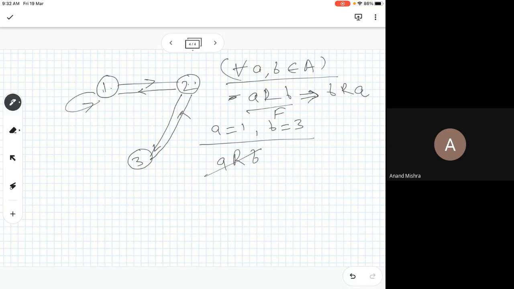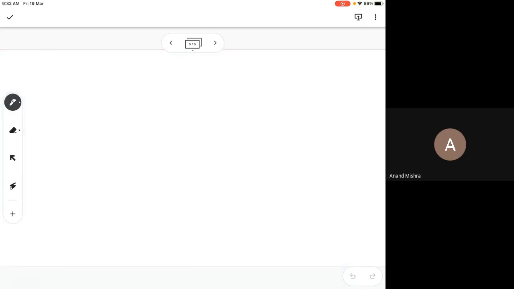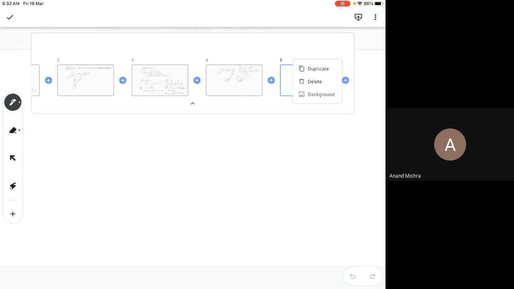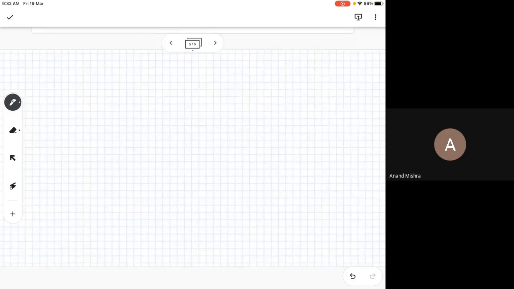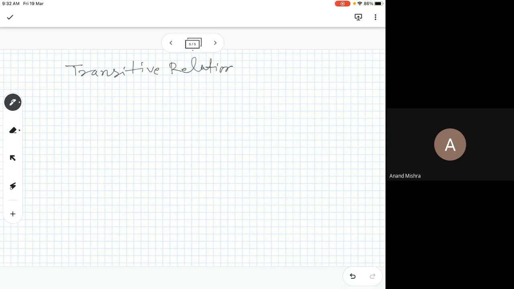Now let's look into the third relationship, which is called transitive relationship. Okay, what is transitive relationship?